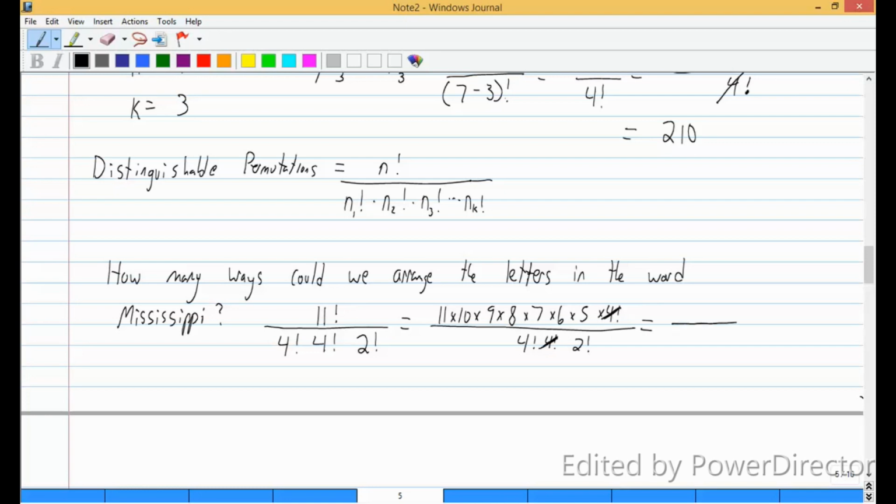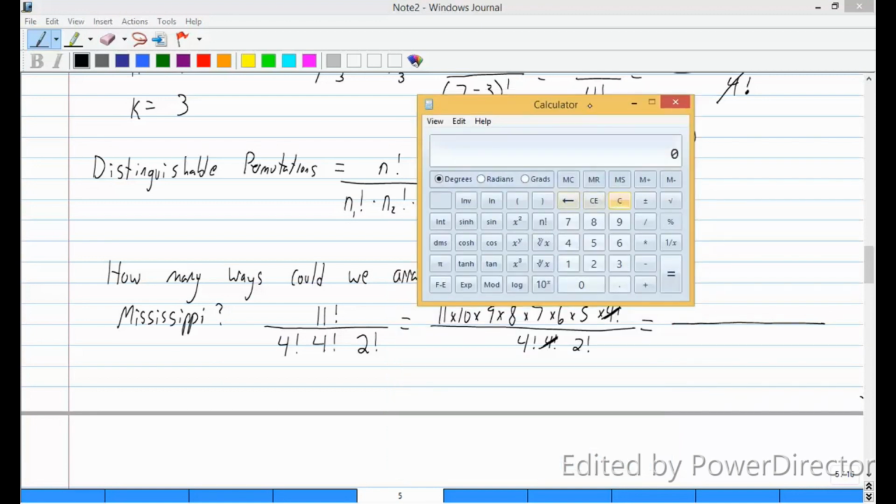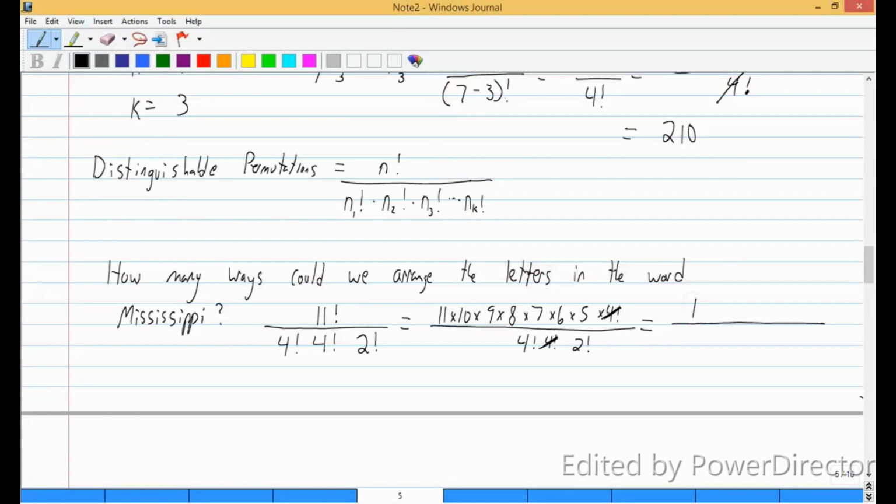So I still have to figure out what that numerator is equal to. It's 11 times 10 times 9 times 8 times 7 times 6 times 5. All right, so I get 1,663,200.